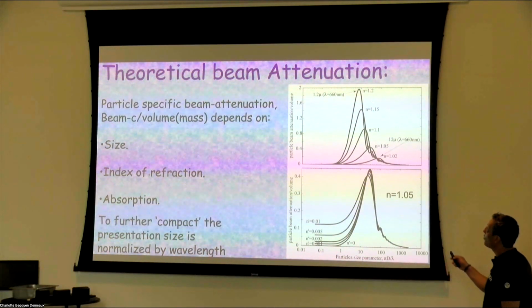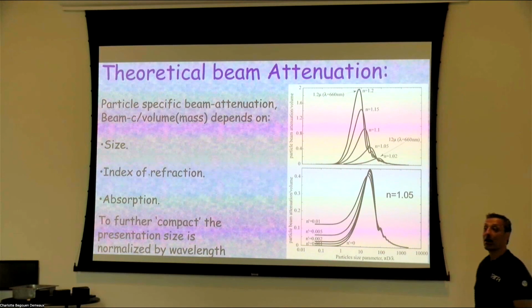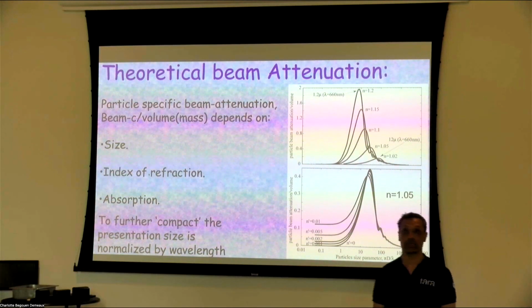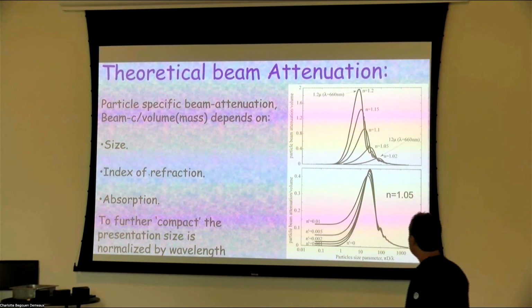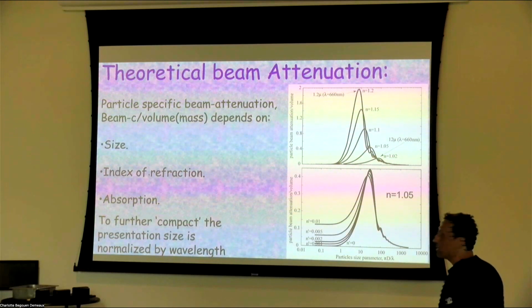So this is 1.2, 1.15 to be like a sediment, and here I'm at the phytoplankton range. What we see is that the size that resonates changes depending on the index of refraction. I tend to have this resonance for smaller particles for a more refractive, more sediment-like particle, and less so as I go towards the phytoplankton.